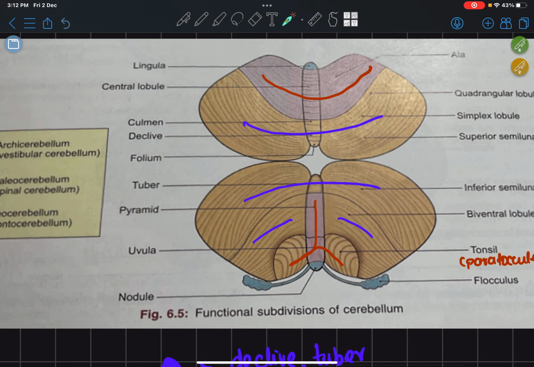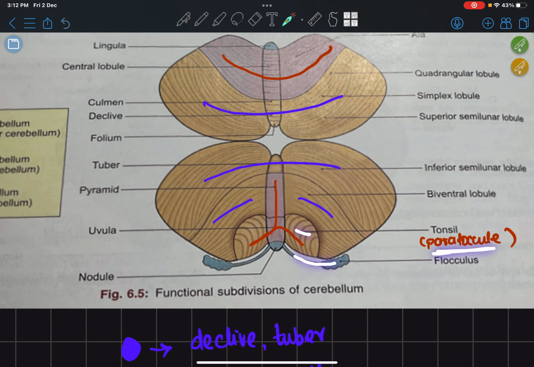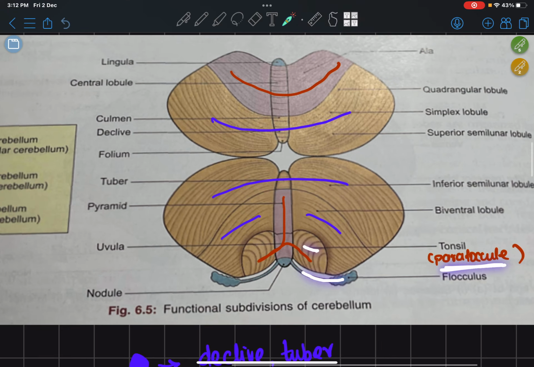Apart from that, your pyramid, your uvula, and your tonsils are also included. Now this tonsil, because it's just close to the flocculus, is also called the parafloccule. So this is the whole anterior part, right? Because the primary fissure comes here. So the whole anterior lobe plus some part of the posterior lobe, that is the pyramid, uvula, and the tonsils, are also part of the paleocerebellum.